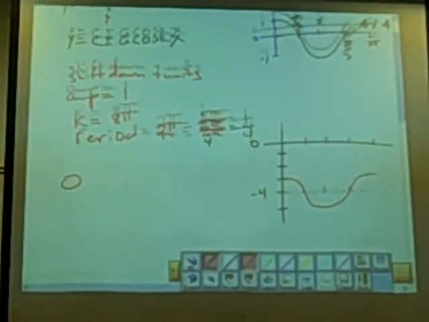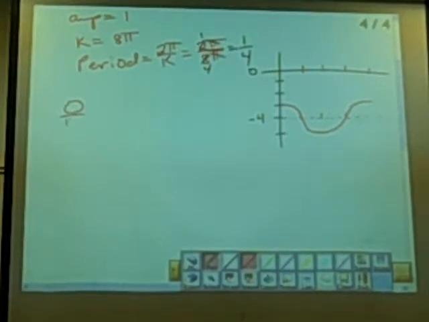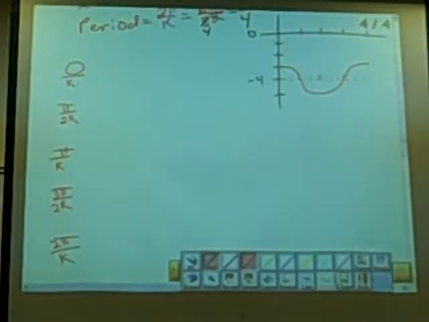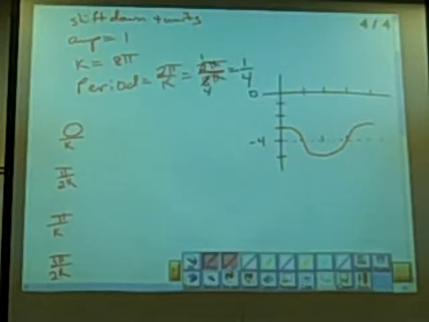So go ahead and figure out what those are. k is 8 pi, right?